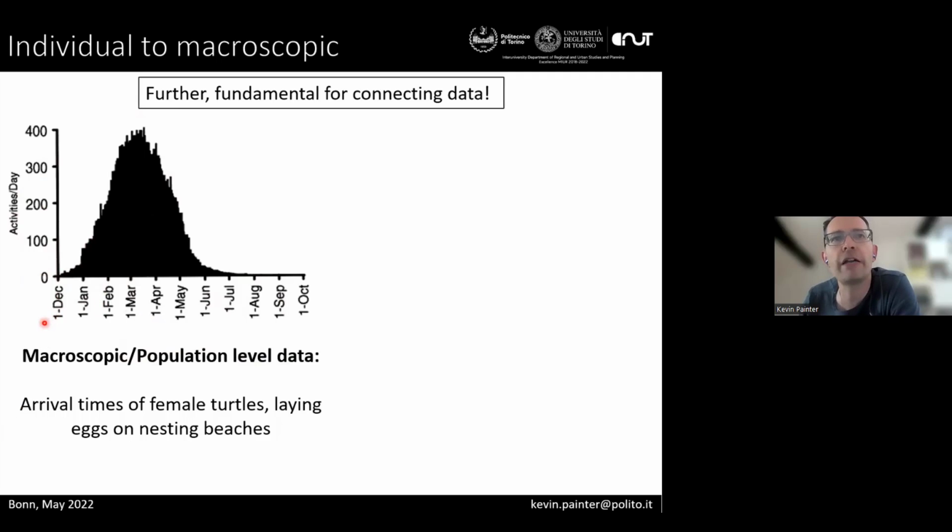This is the arrival times of the female turtles coming back to the nesting beaches. They basically have volunteers out on the beach that count all of those female turtles arriving, and that gives you some sort of distribution. This is very much a population level: we've blurred the whole population into a single measure describing arrival time. So that's the macroscopic population level data that we obtain.